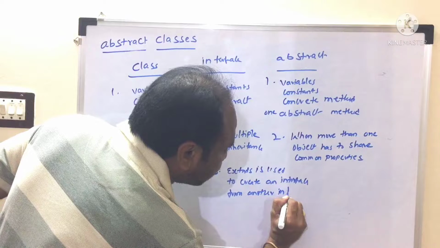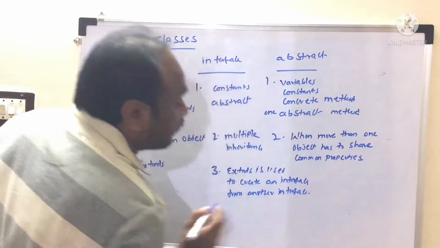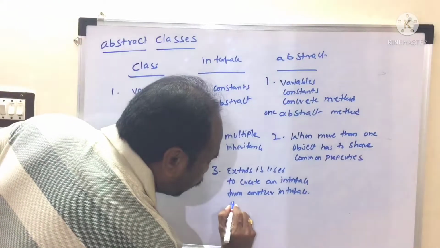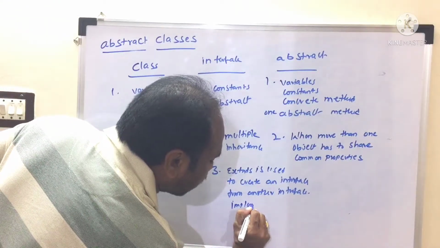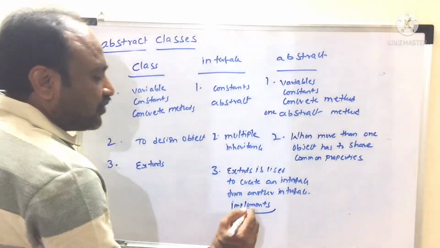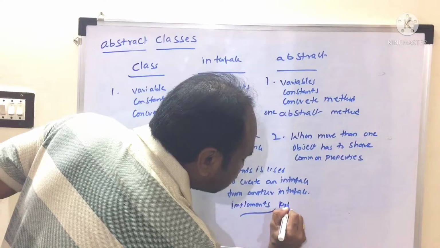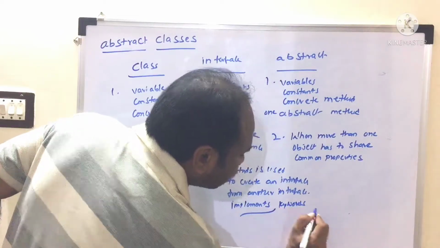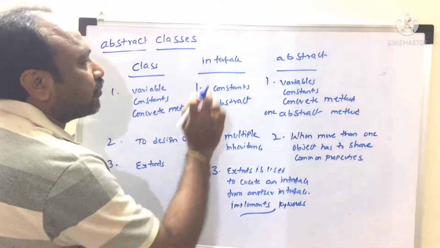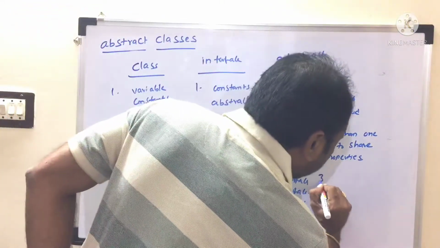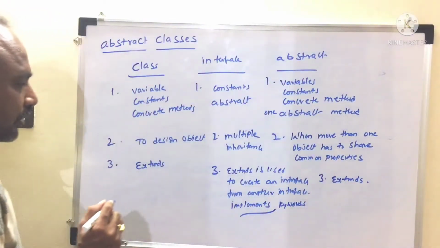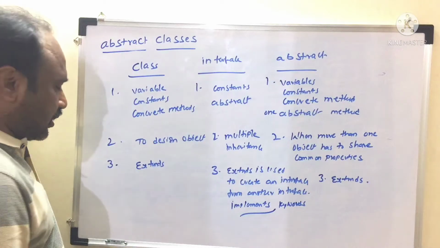But to create a class from an interface, we have to use the implements keyword. The implements keyword is used in case of a class created from the interface. Here also, to create a class from an abstract class, we have to use the extends keyword.